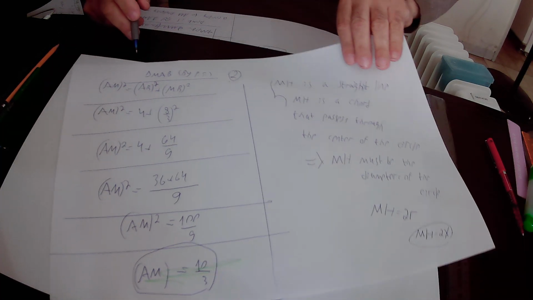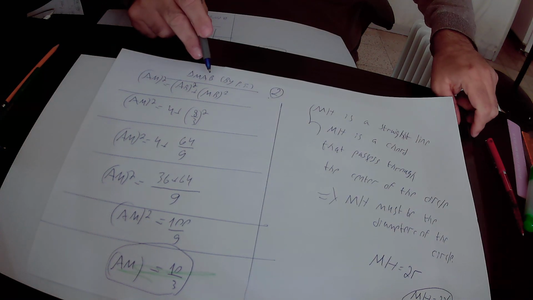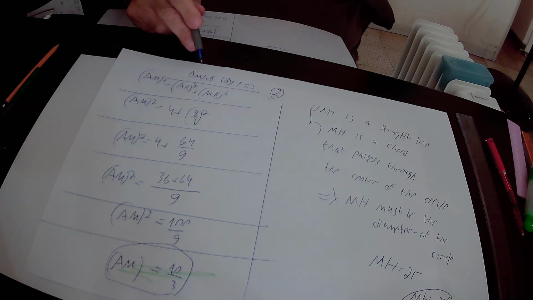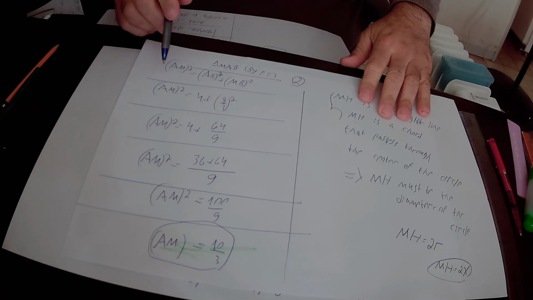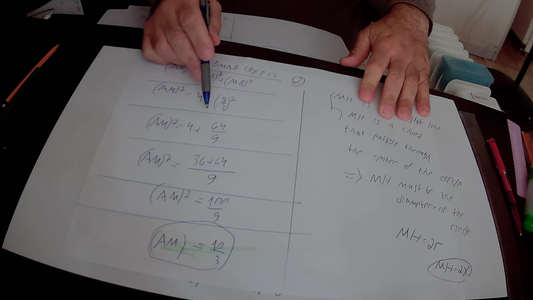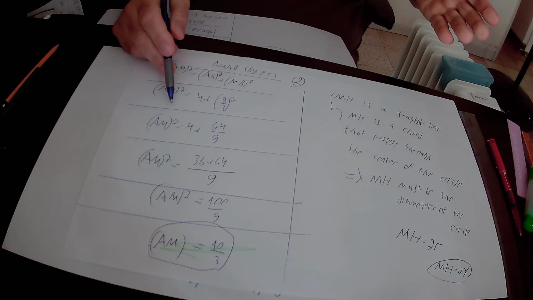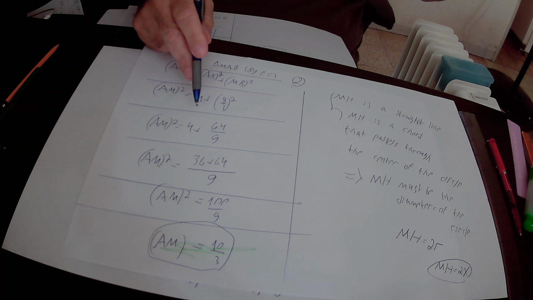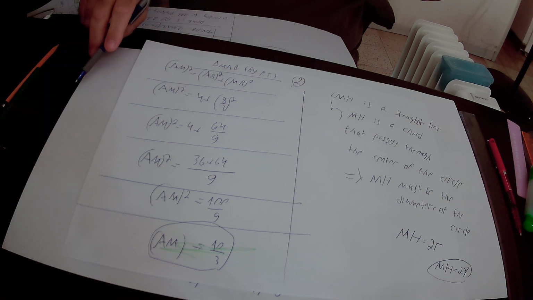AB is 2, therefore AB squared is 2 squared, that is 4, plus MB squared. MB is 8 over 3, therefore MB squared is 8 over 3 squared. So AM squared equals 4 plus 8 over 3 squared. 8 over 3 squared is 8 squared, that is 64, over 3 squared, that is 9. So AM squared equals 4 plus 64 over 9.